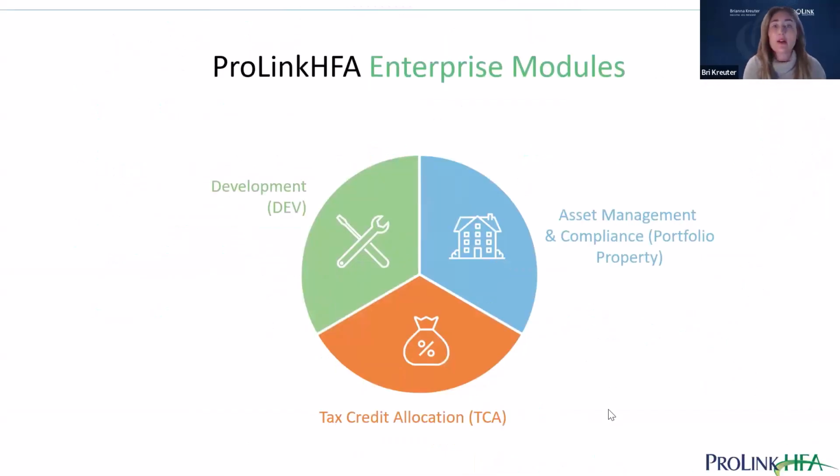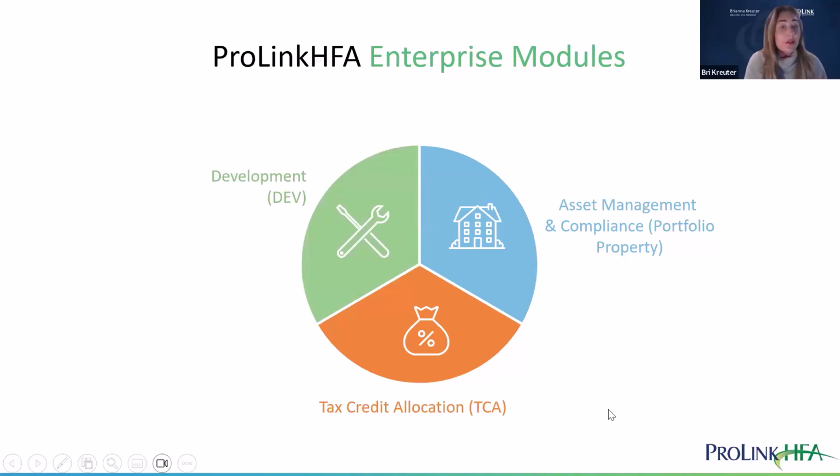Next, we just have this quick overview for those who might be new to using ProLinkHFA, or who might not be users of ProLinkHFA. I just wanted to orient you to the area that we'll be talking about today. We have 3 main modules: the development module, our tax credit allocation module, and our asset management and compliance module. We've been focusing, last webinar, this webinar, and going through the summer, on covering different aspects of our development module and our tax credit allocation module.